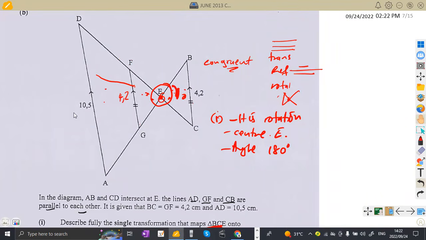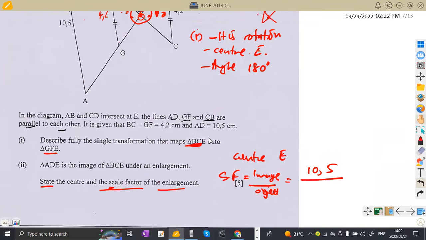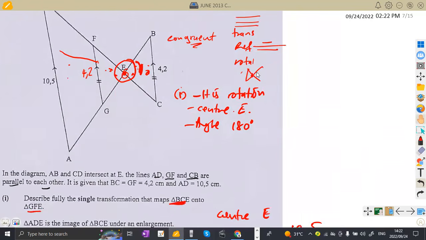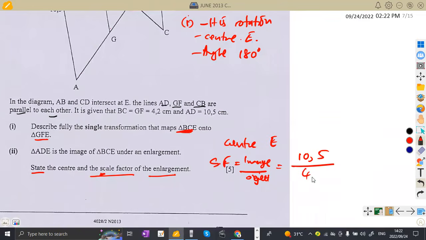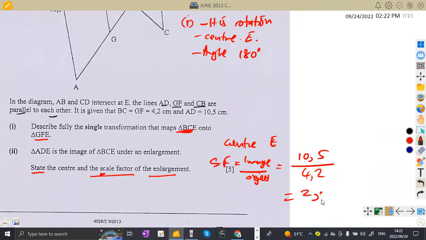So you're going to take the corresponding side on the image, which is 10,5, over the corresponding side on the object, which is 4,2. Let's divide. I'll explain later on. 10,5 divided by 4,2 gives us 5/2, or 2,5.